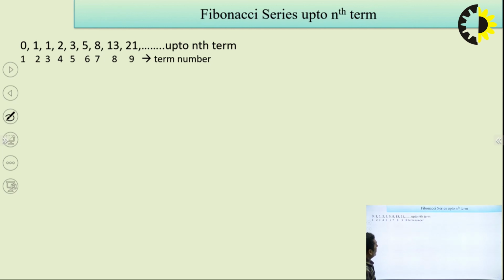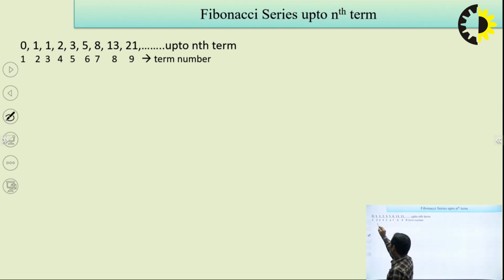And we can take another example, with a difference in the recursive calls. In the previous two examples we get only one recursive call, but in this example we make two recursive calls at the same time. The example is the Fibonacci series up to n terms. What is the Fibonacci series? This is a series, 0 and 1, starting from 0 and 1.